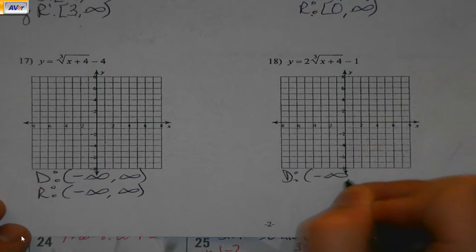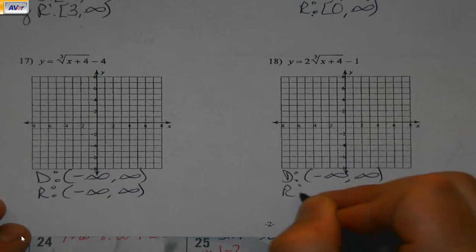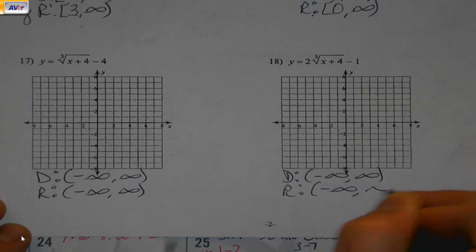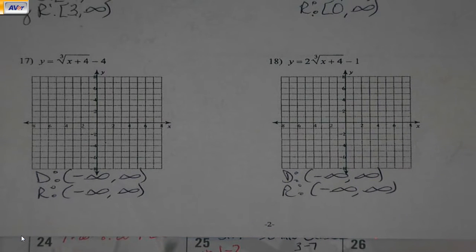So the domain and range, even if it shifts, doesn't matter. Negative infinity to infinity. So again, now it just comes back to, are you going to be a parent grapher or a calculator?